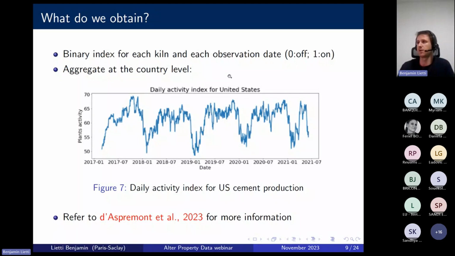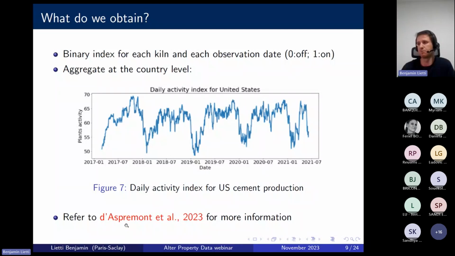And finally, we aggregate this at the country level, using the capacity of each plant to weight the aggregation. And we obtain something, as you can see here for the US, a daily activity index of the cement plants, with a value each day that estimates the overall activity of the cement plants in the country.